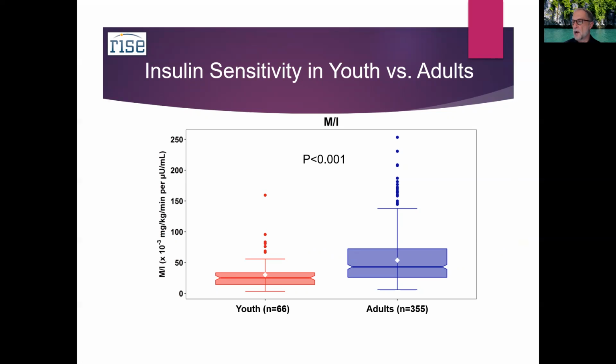So this is the first time we've actually had head-to-head comparison using the exact same protocols between youth and adults. And what we see is that insulin sensitivity in the youth is substantially lower. It's about 30% that seen in the adults with similar degrees of adiposity.